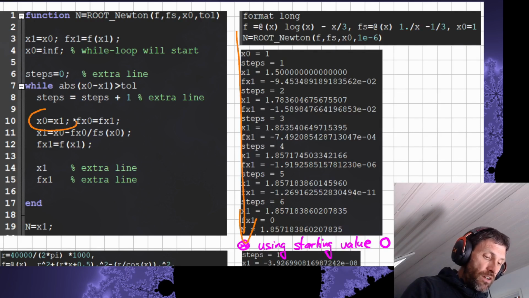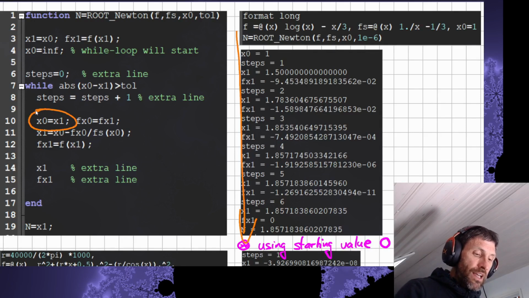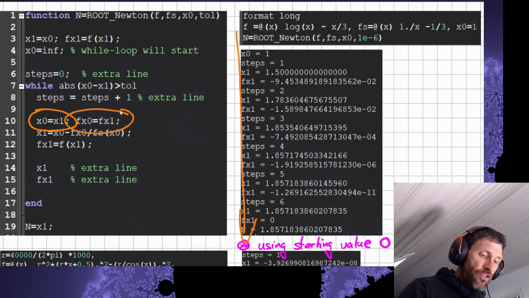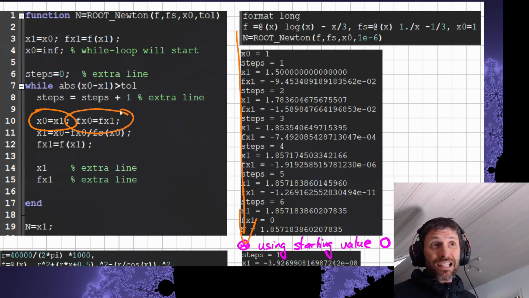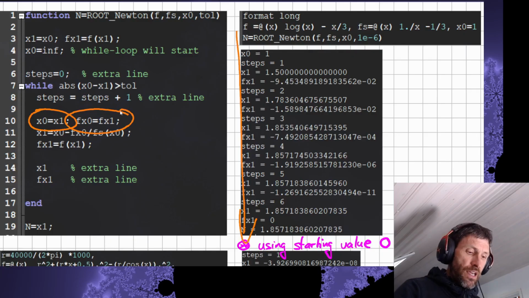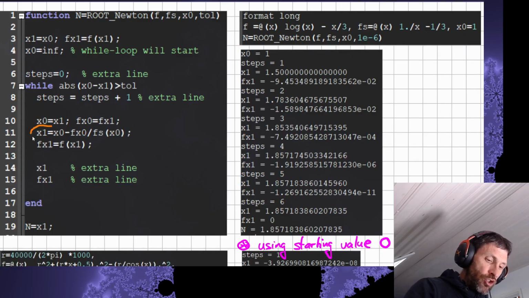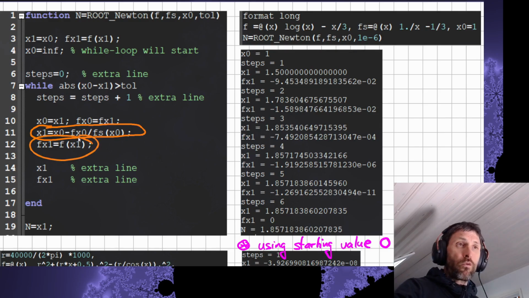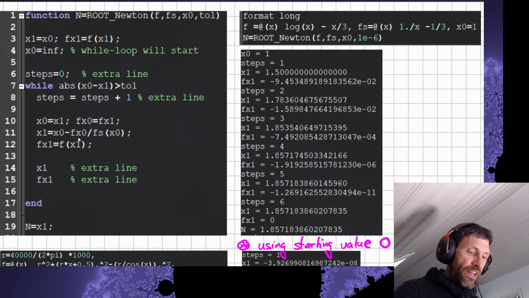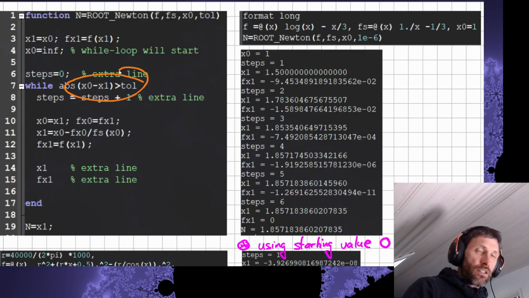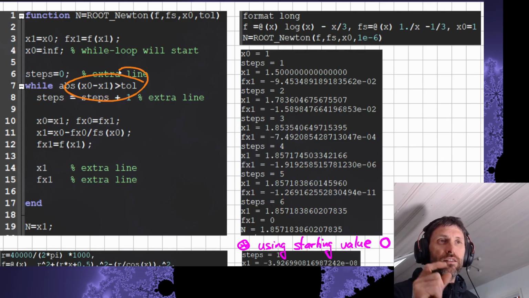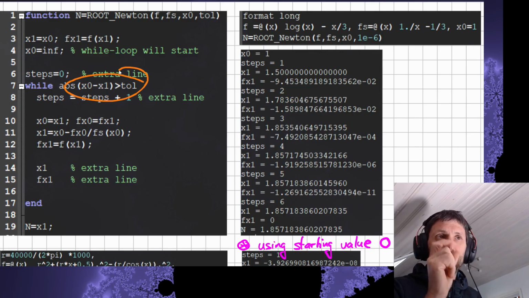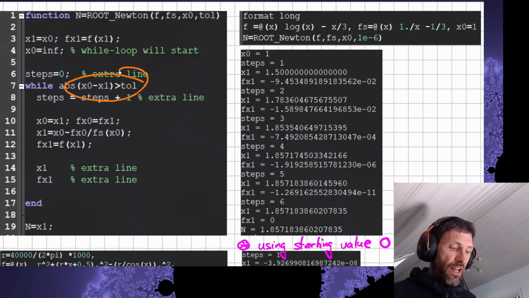So we have a value, we have a function value, we take the last ones to be the old ones, and then we calculate a new position x and a new function value, and then we can check now if the difference is close. If they are close enough, then we leave the algorithm. So the code is very short.